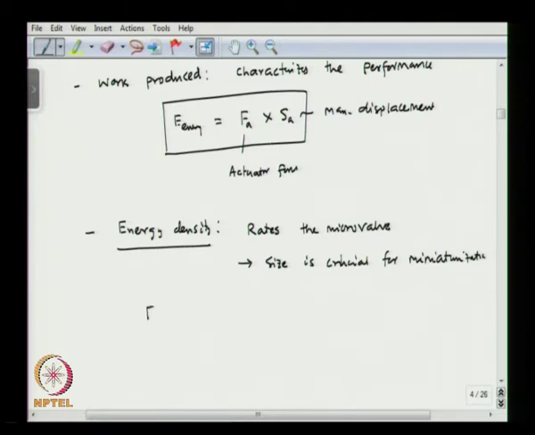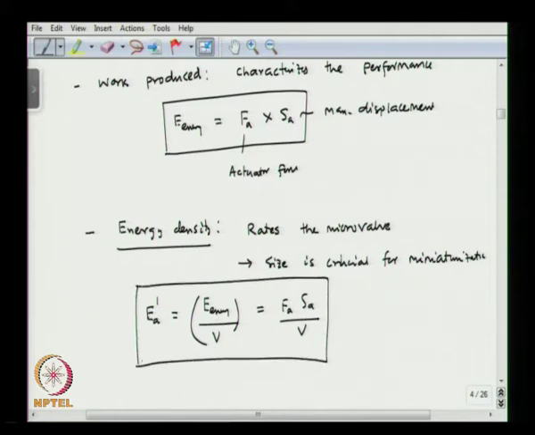We can define energy density as the work produced per unit volume. That is F_A times S_A divided by V, where V is the volume of the actuator.